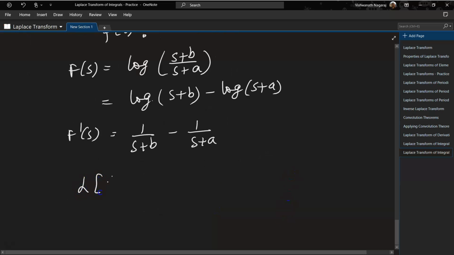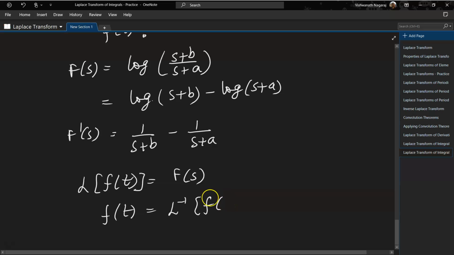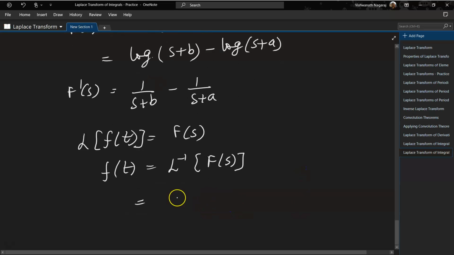Remember, Laplace of f of t is equal to F of s, which means if I take the inverse Laplace on both the sides, this gets cancelled. So I'm left with f of t is equal to Laplace inverse of capital F of s, which is equal to, remember, minus 1 by t Laplace inverse of F prime of s.